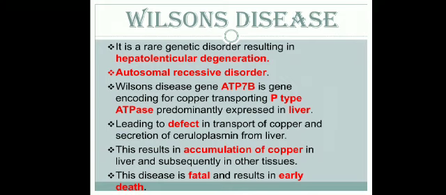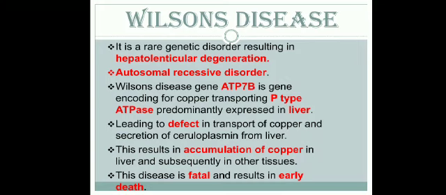Now the next disease is Wilson's disease. It is a rare genetic disorder resulting in hepatolenticular degeneration. This is an autosomal recessive disorder. Now the biochemical defect in this disease is that the gene called ATP7B is a gene coding for the copper transporting P-type ATPase predominantly expressed in the liver.